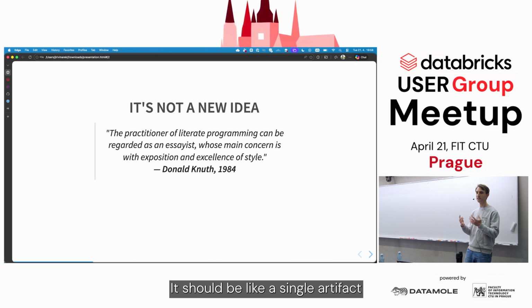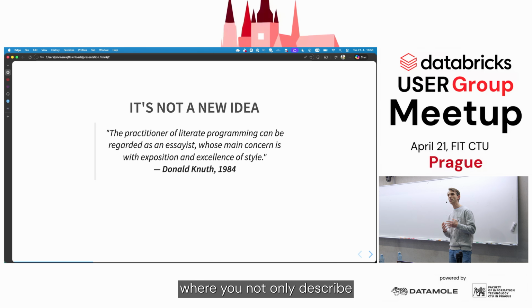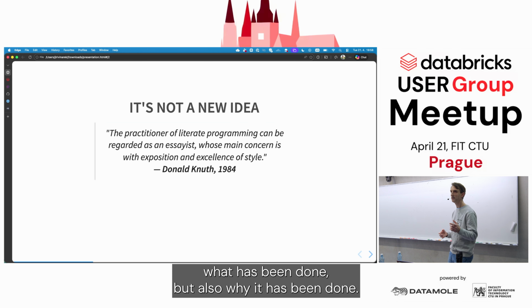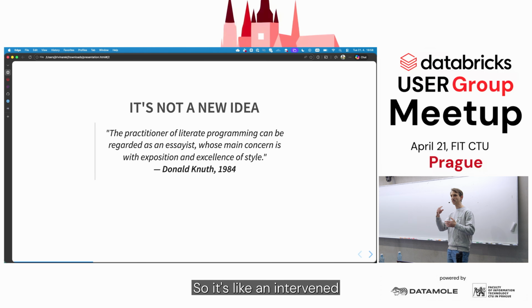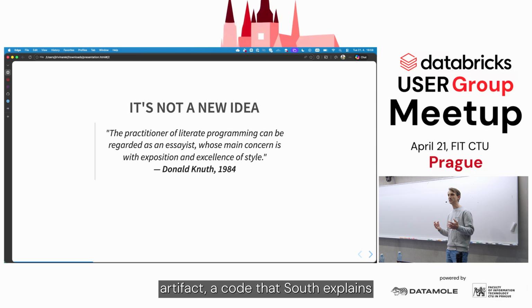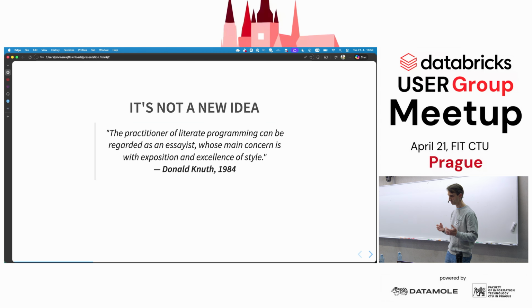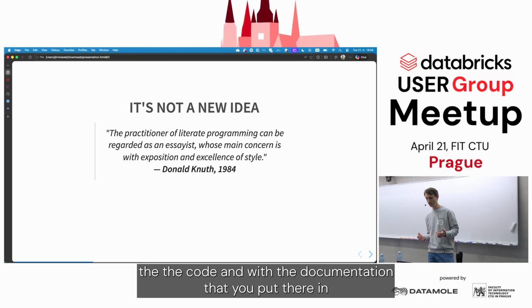It should be a single artifact where you not only describe what has been done, but also why it has been done. So it's an intertwined artifact, code that explains itself, together with the documentation that you put in.